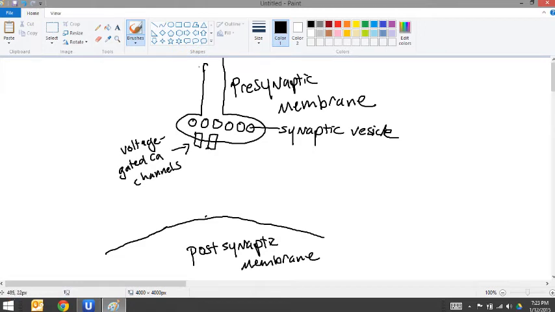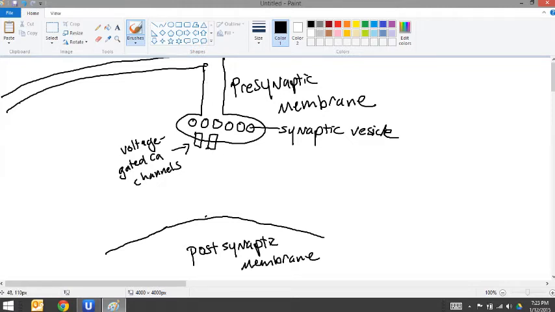Well, remember we talked about the action potential propagating down the axon, and eventually it'll arrive. Let's say that the axon is leading up to this particular presynaptic membrane. So this is an axon terminal, in addition to being a presynaptic membrane.